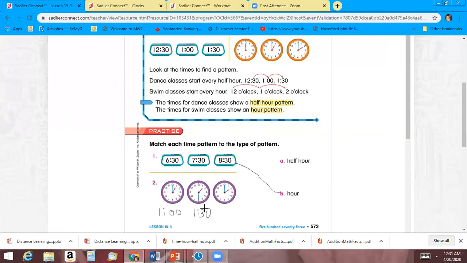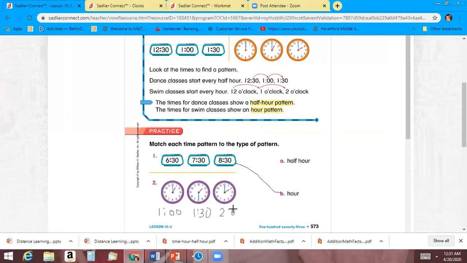So then I'm going to look at the next one. And now my minute hand went from the 12 around to the 6 and stopped. Now the next time they're telling me to look, my minute hand moved back up to the 12, but my hour hand is on the 2, and that is showing me the time of 2 o'clock.